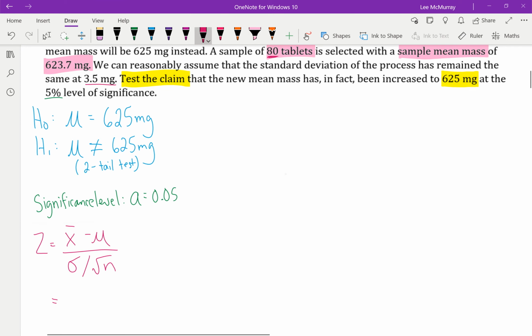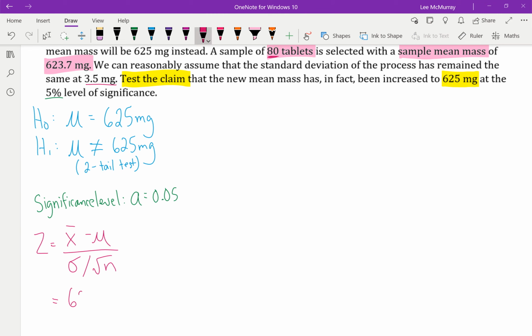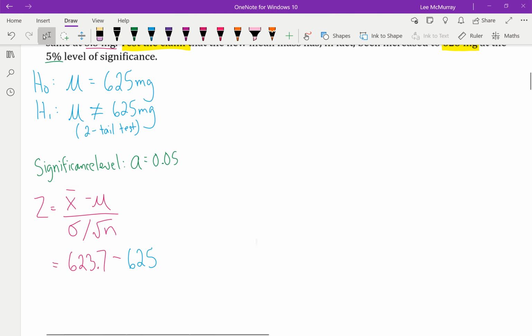So X bar is 623.7. And then we are going to subtract mu. And remember, mu is from the H0 and the H1. So that's our 625 milligrams, right? Because that's the claim we're testing. Whatever we're claiming, that's where that number always comes from for mu.